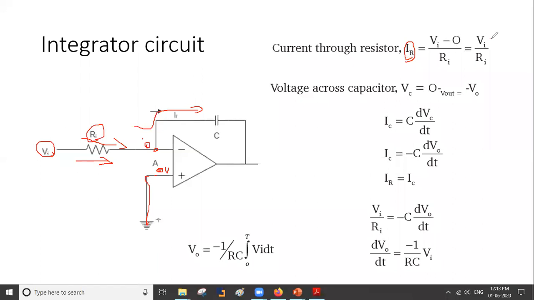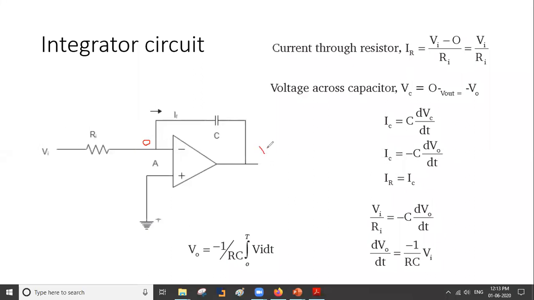This is the equation. So we get Vi by Ri as our input current through the input network. Now we have to find the voltage across this capacitor. At this point in the network, it is a virtual ground, so our voltage is 0.